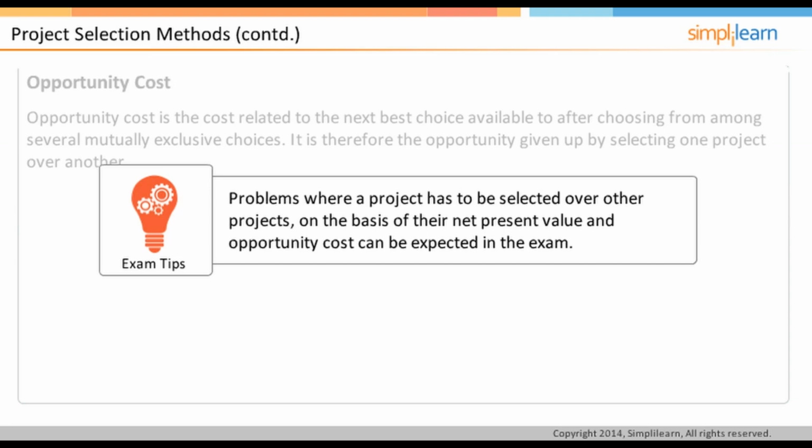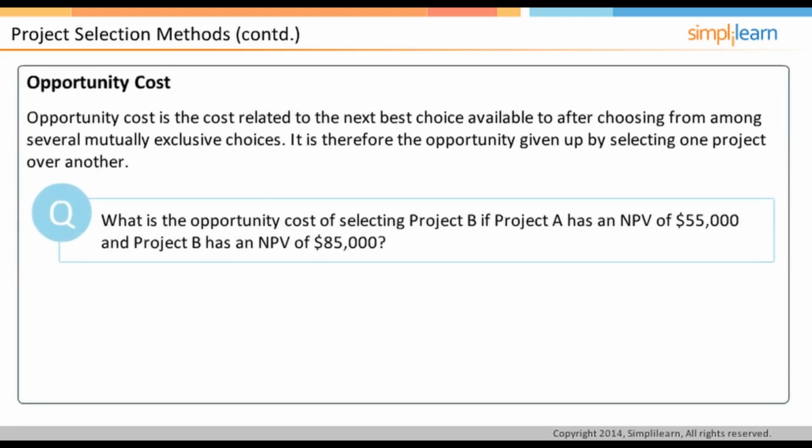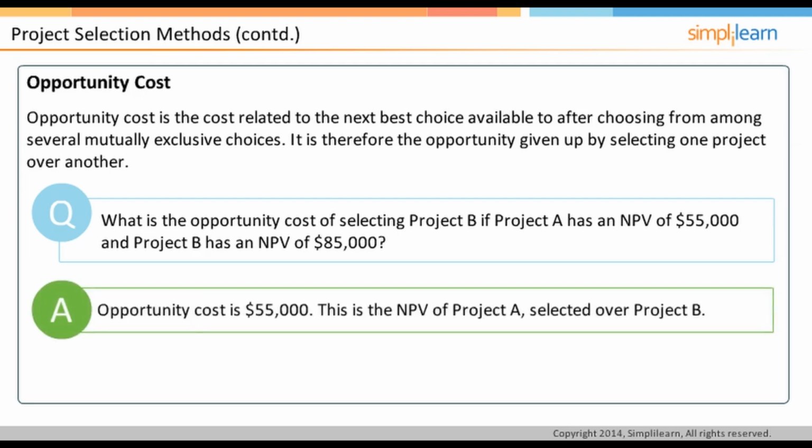For example, you may come across a question such as, what is the opportunity cost of selecting Project B if Project A has an NPV of $55,000 and Project B has an NPV of $85,000? The answer is $55,000. This is the NPV of Project A, which was selected over Project B. Click Close to go to the Process Selection Methods dashboard.